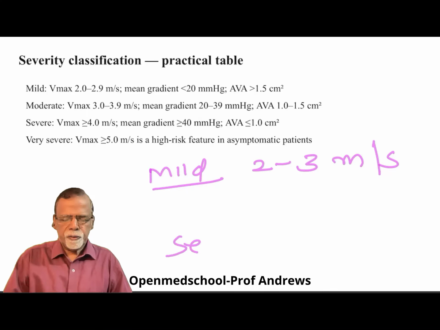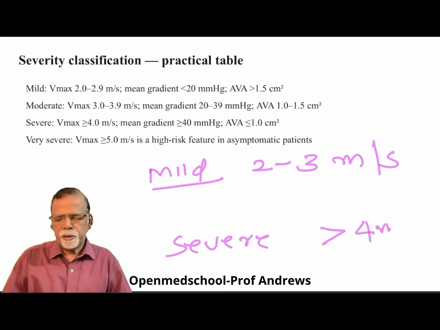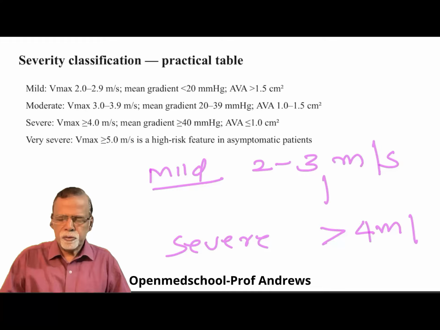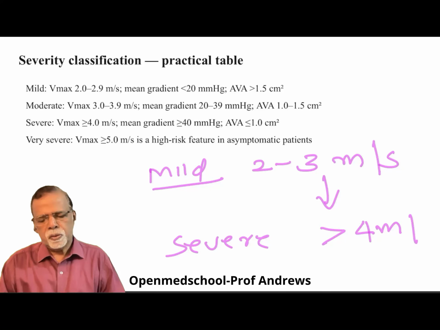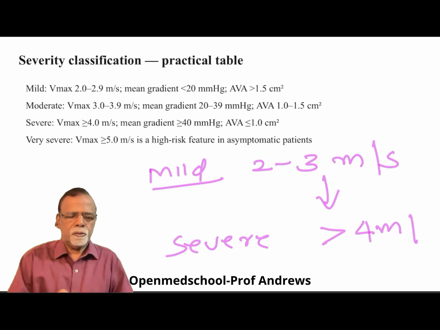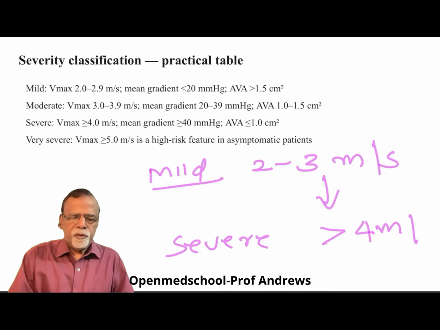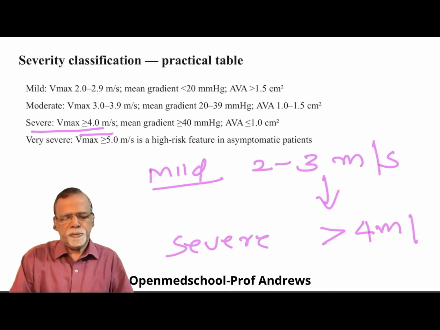In severe, it is more than 4 meters. And it will be moderate between 3 to 4. So easy to remember, 2 and 4. In severe aortic stenosis, Vmax is 4 meters per second, and very severe, it is more than 5 meters per second.